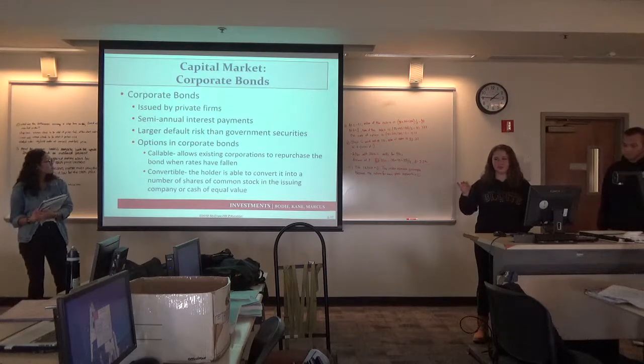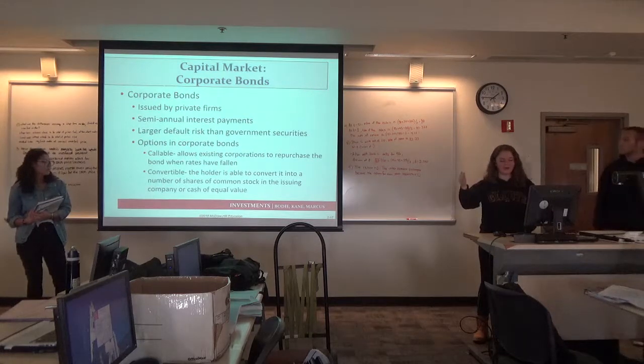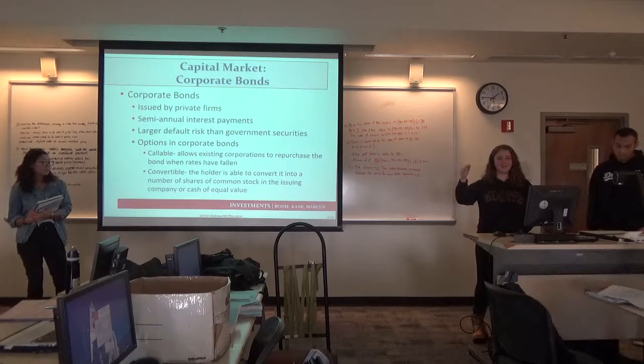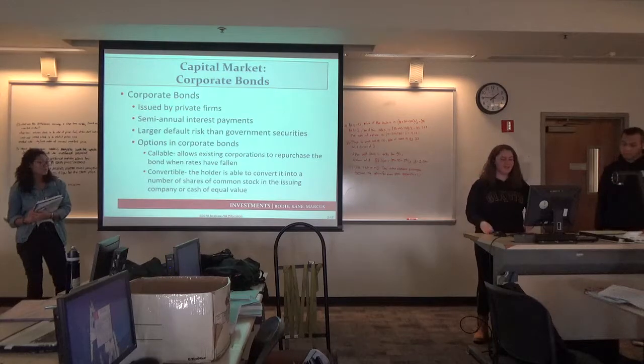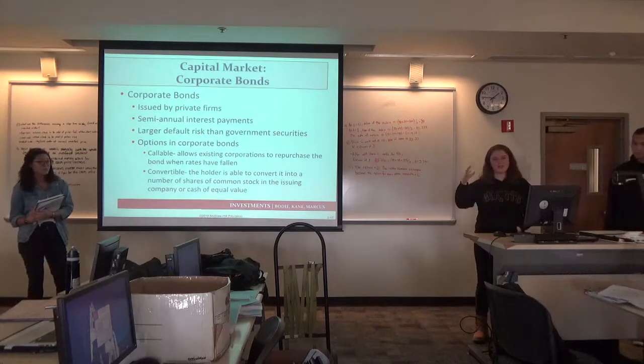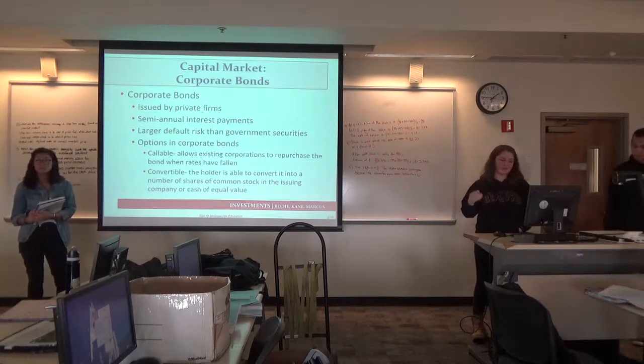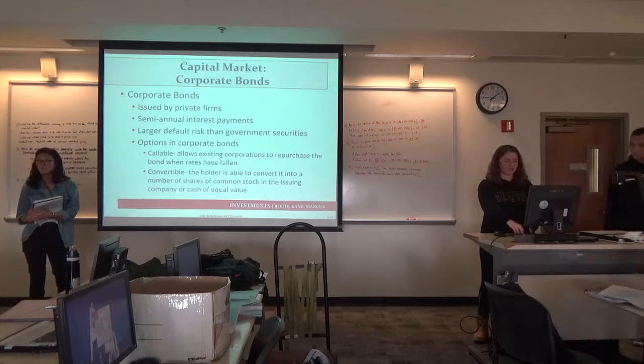We've gone into options already, but having the ability to opt in or out of buying a certain thing at the date that you've discussed previously comes at a cost, but having that option could also save you money in the long term.